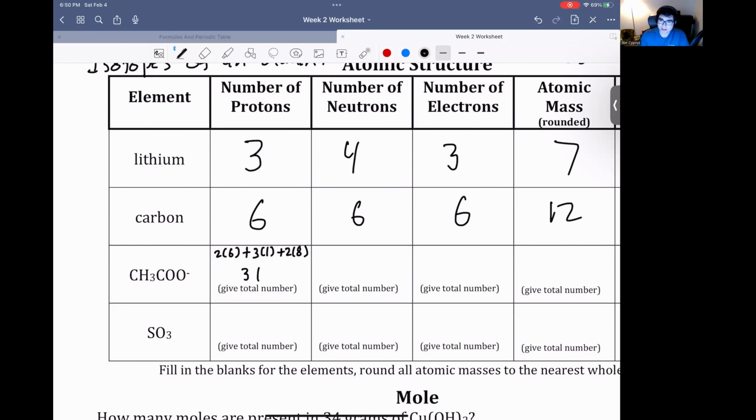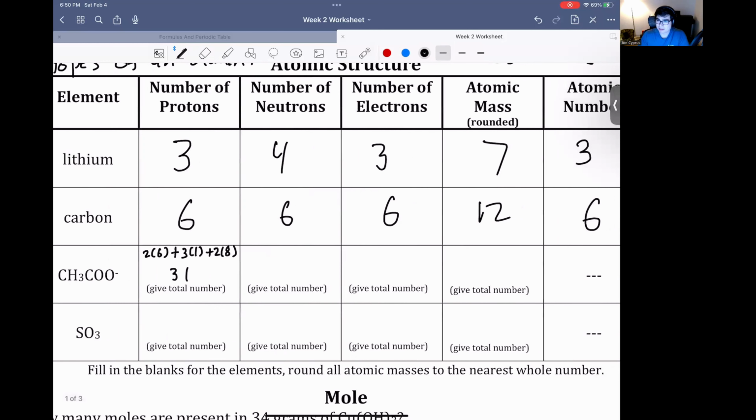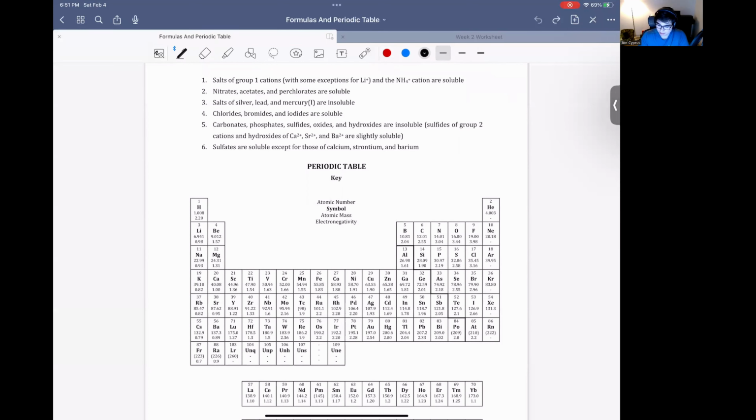Now, for the number of neutrons, first we have to find the atomic mass. So let's find that before finding the number of neutrons. We're just going to add these masses up after we round them. Hydrogen has a mass of 1, carbon has a mass of 12, oxygen has a mass of 16.